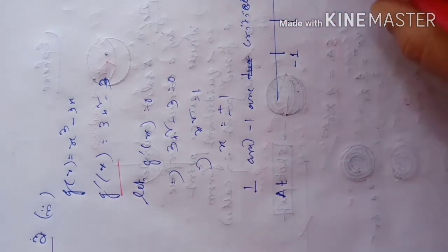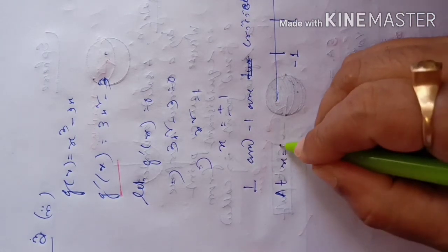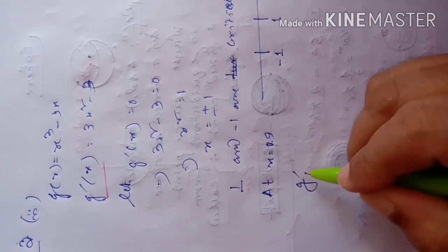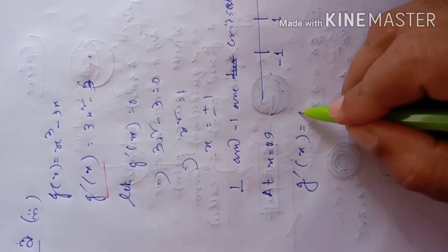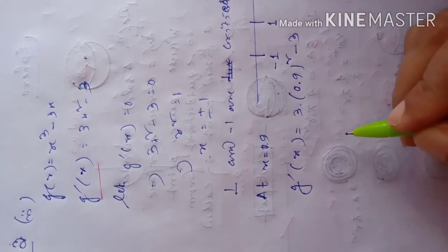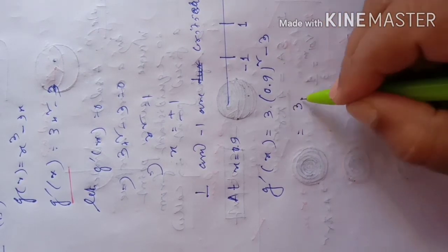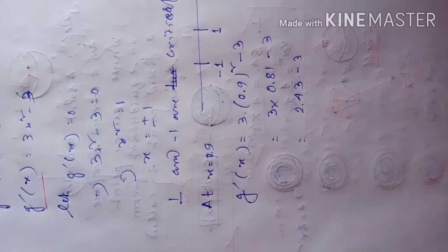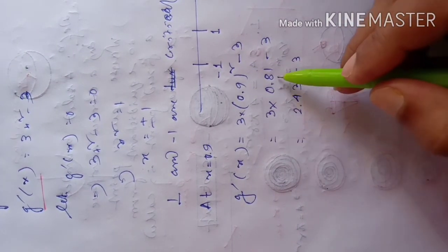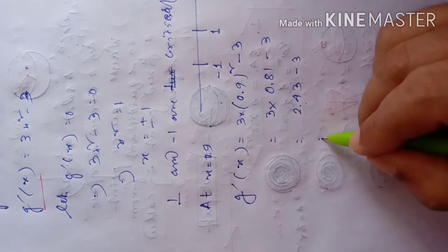At x equal to 0.9, g dash x is equal to 3 into 0.9 square minus 3. 0.9 square is 0.81, multiplied with 3 gives this number, and this number minus 3 is negative.